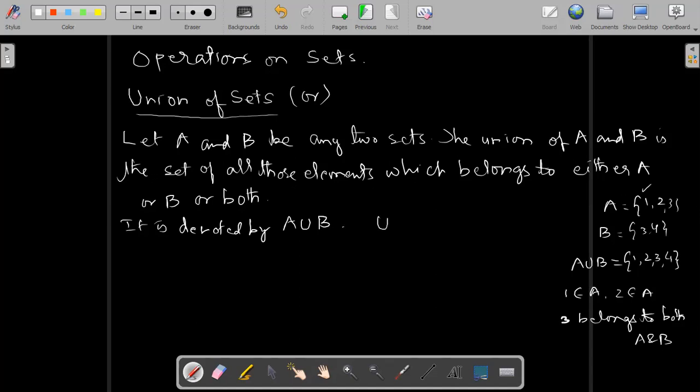As you know, this is used to denote union.